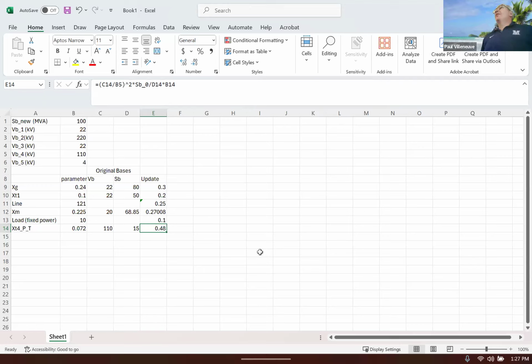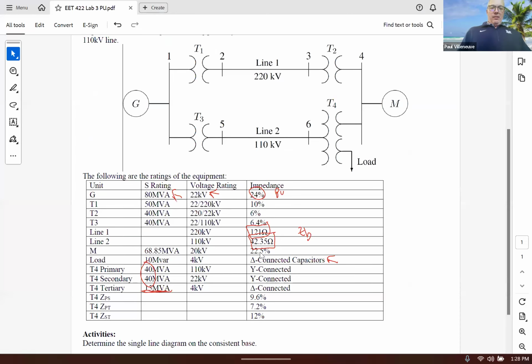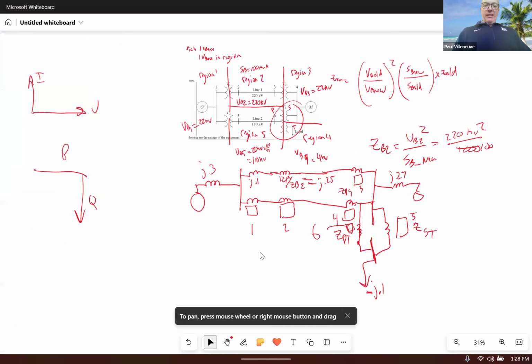And the reason why it's so much higher is because of the S base, right? It went from 15 MVA up to 100 MVA. So it's going to look like a much bigger impedance. So now we just took one off the list. So let me erase this over here, and I will call this j0.48. And this is Z primary to tertiary.